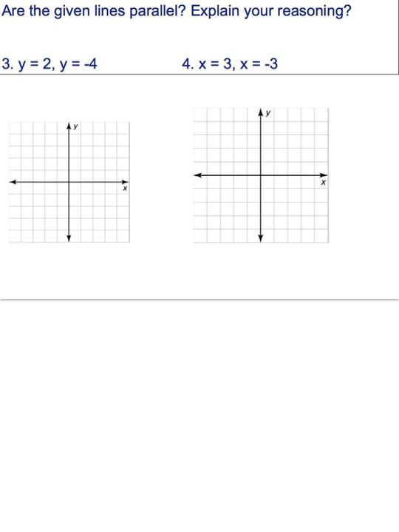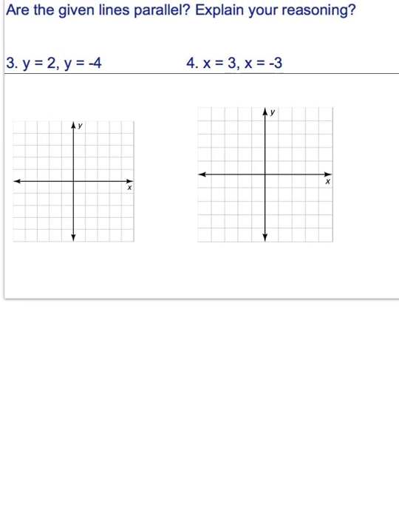So let's try another one. It asks, are the given lines parallel, and explain your reasoning. For number 3, I have a coordinate plane on here, so if you want to go ahead and draw one in your notes, you can do that. I have the lines y equals 2 and y equals -4. Remember, we can make a table to help us graph.